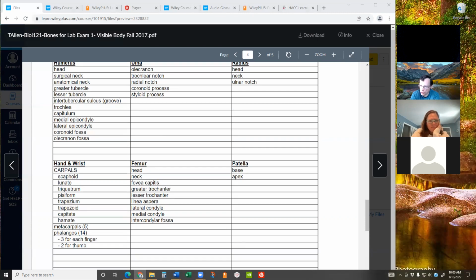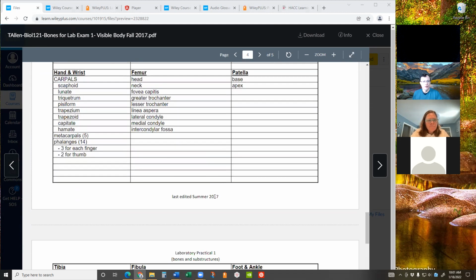The Hack Bookstore does stock some loose leaf versions of both the textbook and lab manual that are at a reduced cost. I mean, they're about $35 a book. So if you would prefer to have a printed physical copy of the textbook and or lab manual, please go to the Hack Bookstore website, because you can get a physical book if you prefer to read a physical book rather than read it off your computer screen. That is available for about $35 a book, okay?